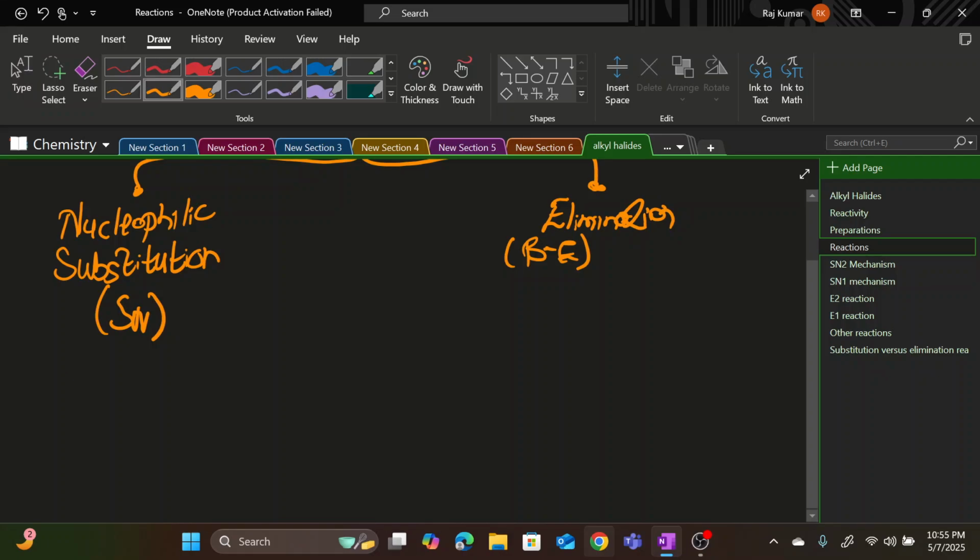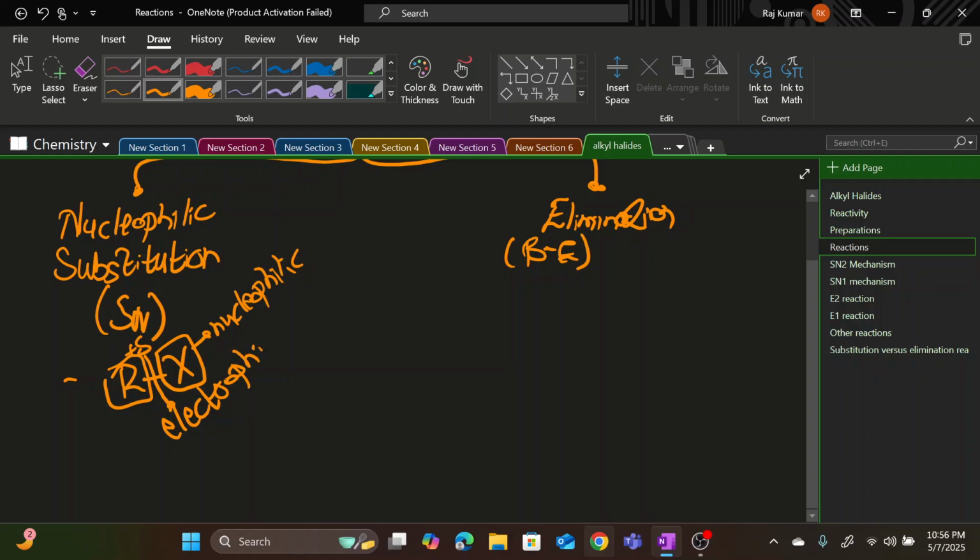Nucleophilic substitution reaction is the one in which, let's say, this is the alkyl halide. This halide is partially negative, so it is the nucleophilic part, and this carbon is partially positive. That is the electrophile.